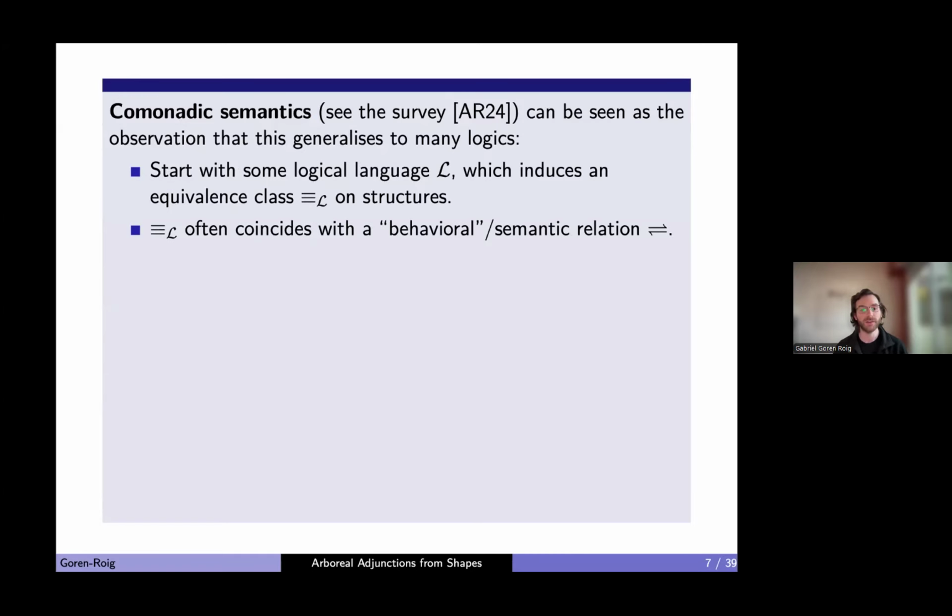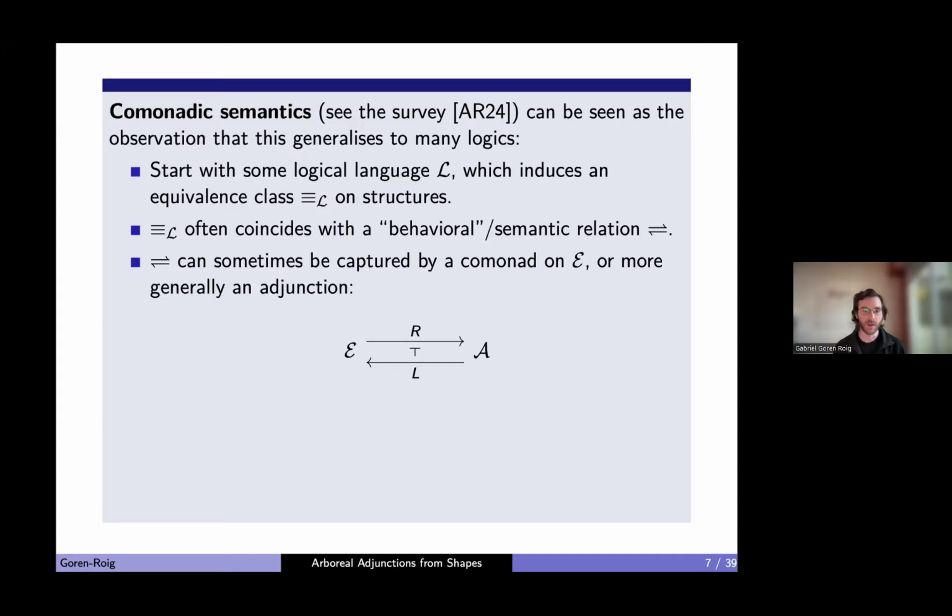Then it turns out that this often coincides with some behavioral or semantic relation, which we will generically call a bisimilarity relation. But maybe that's a more used terminology in the case of modal logic, but it can also refer to an analogous thing in first-order logic and so on.